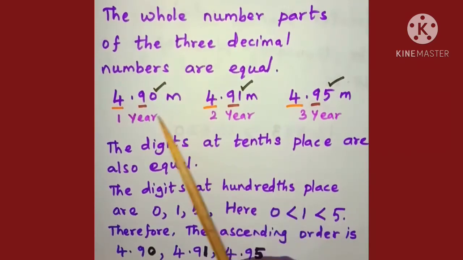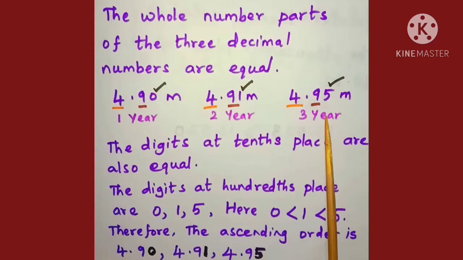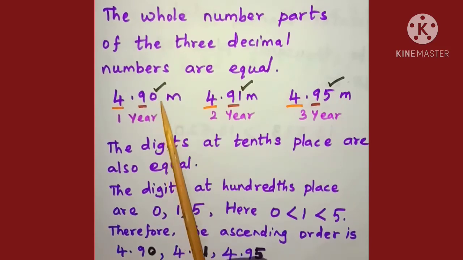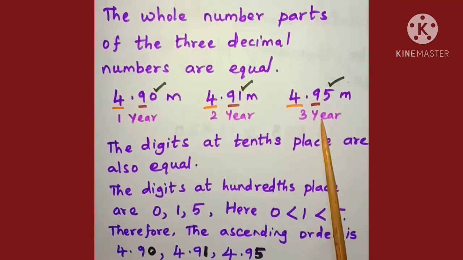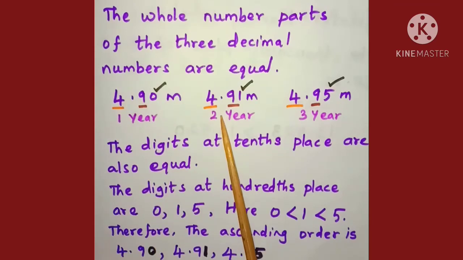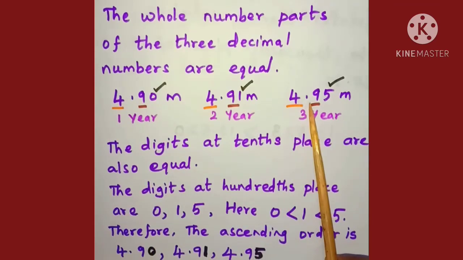So here, from these 3 decimal numbers, we can see that the whole part as well as the 10th place digit are equal in all 3 cases, isn't it? See, in the first year 4 is the whole part, in the second year 4 is the whole part, and in the third year 4 is the whole part.